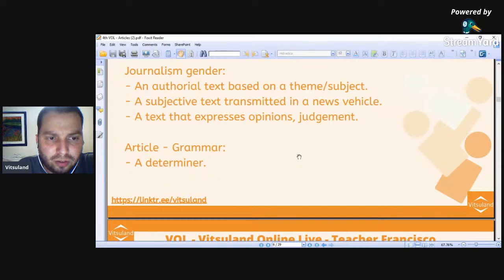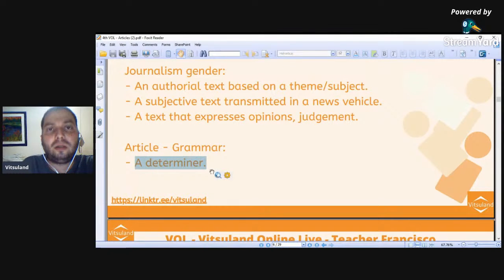Remember that I just told you that an article is a determiner. So when you're dealing with an article, or writing an article, or reading an article, when you are in touch with an article, you are in touch with a particle that determines something.